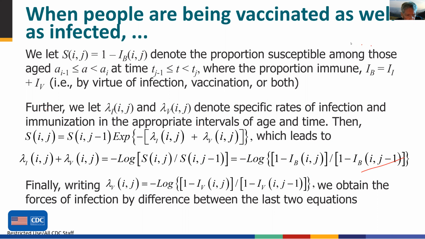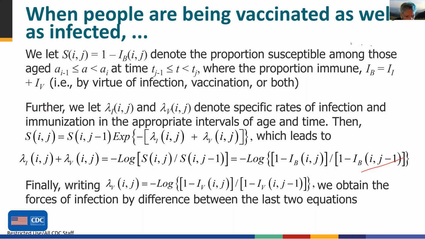So these are estimates of the proportions immune in one of the surveys by virtue of infection and vaccination, or both, and in the other survey solely by virtue of infection. Yeah, but how are you estimating I? Well, I is the proportion infected.